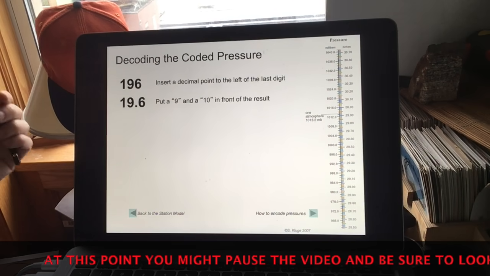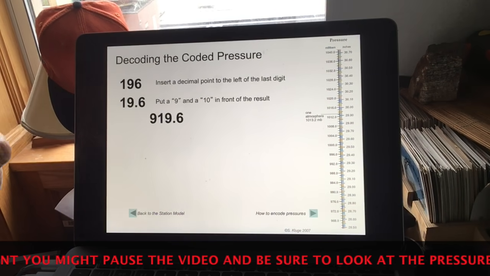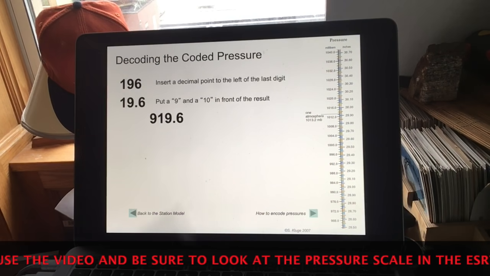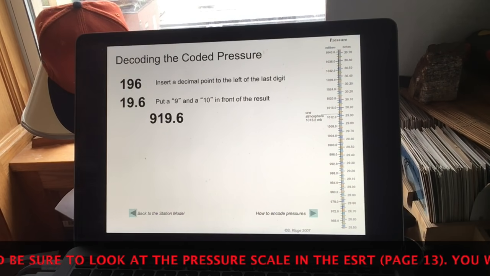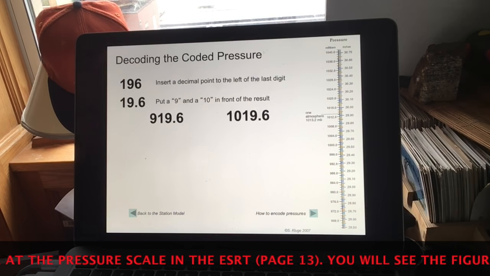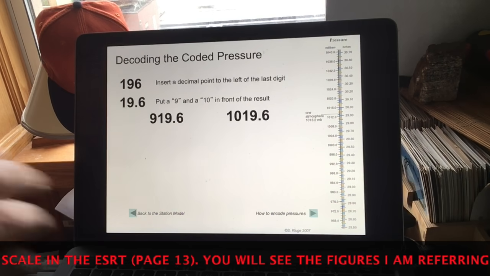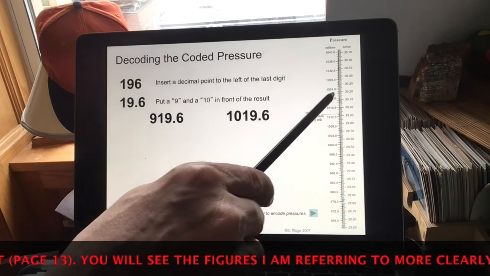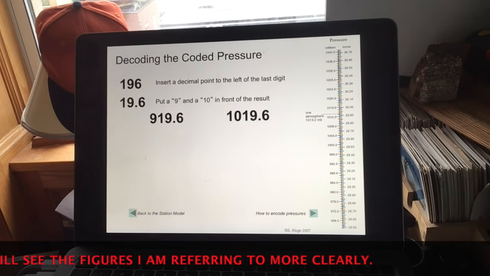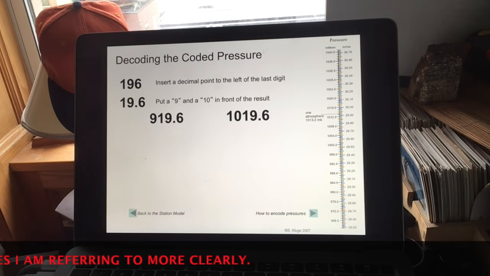So let's try it with a 9. 919.6, is that anywhere on this scale? No, that cannot be correct. 1019.6, is that there? Yes. So that must be the air pressure on our station model example, 1019.6.